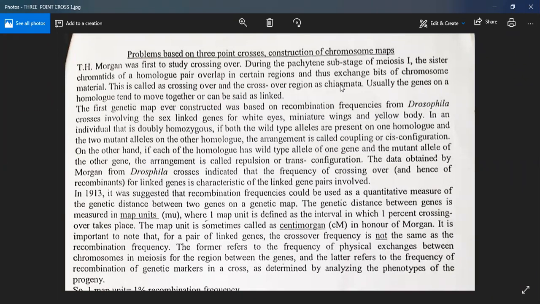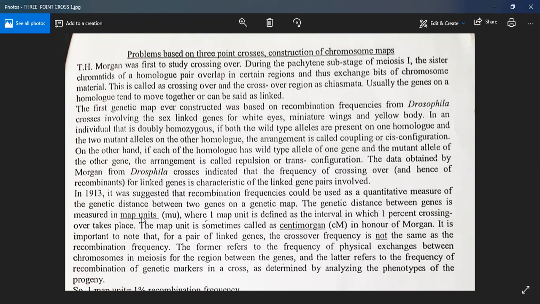Next point to tell you: when we write distance between Mumbai and Pune, what do we write? Mumbai and Pune are 167 kilometers apart. So there is a unit for writing the distance. In the same way, the unit for writing distance between any two genes on a chromosomal map or a genetic map is called the map unit.